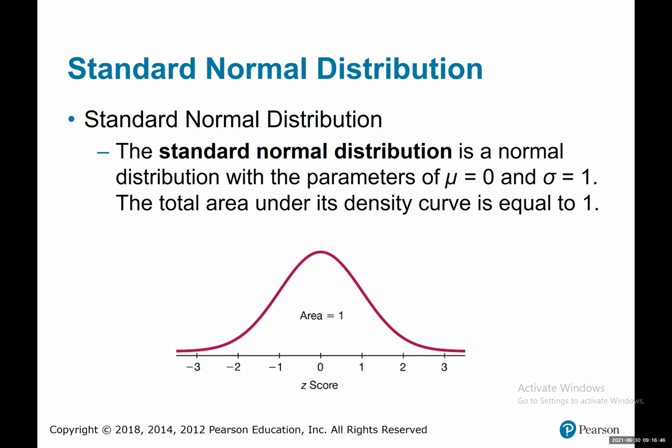So standard normal distribution, with parameters mu equal to 0 and sigma equal to 1. That's only the case when we write it in the form of a z-score.